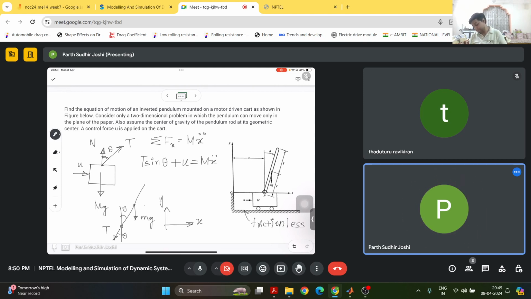So T cos theta minus mg, so the y coordinate will be basically L cos theta, so here y is actually L cos theta, so y double dot will be equal to minus L cos theta basically.